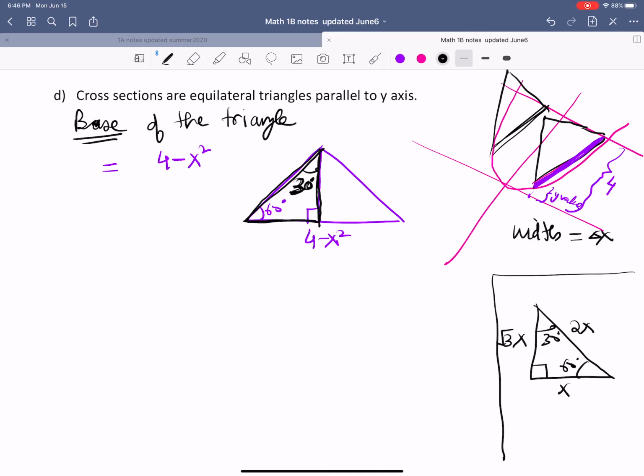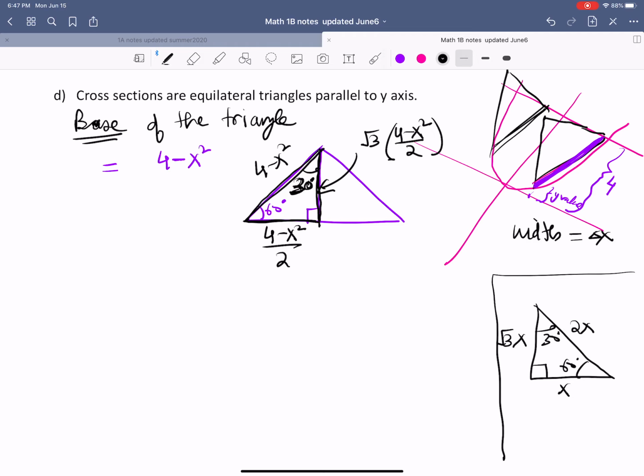Okay, so because I did draw the perpendicular bisector, I'm going to be dealing with just half of this, 4 minus x squared divided by 2. And this would be 4 minus x squared. Okay, so the height, this side, using the ratio, comes out to be root 3 times 4 minus x squared divided by 2.